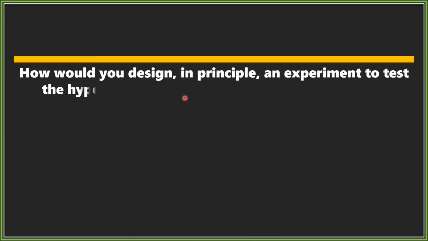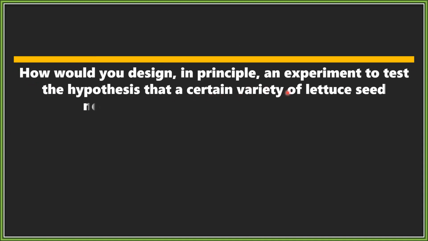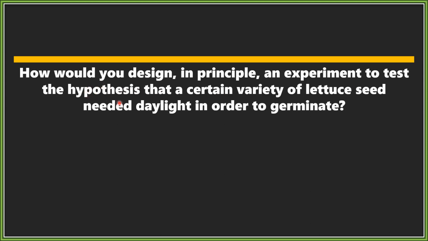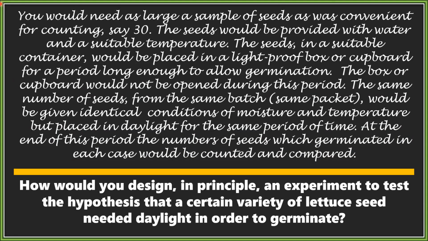How would you design, in principle, an experiment to test the hypothesis that a certain variety of lettuce seeds needed daylight in order to germinate? You would need a large sample of seeds, as was convenient for counting, say 30.